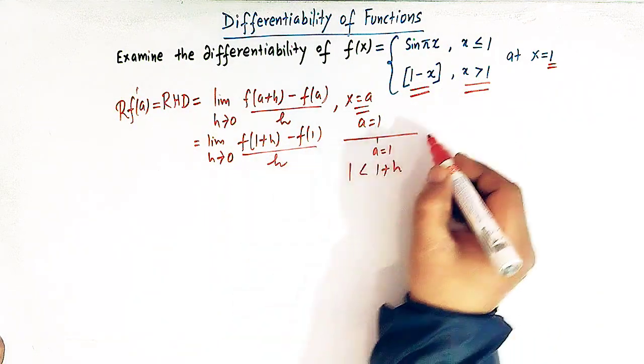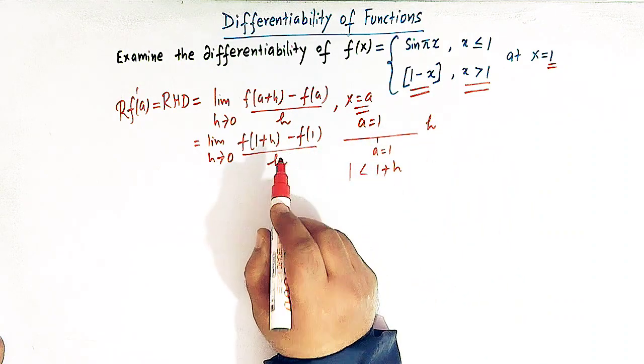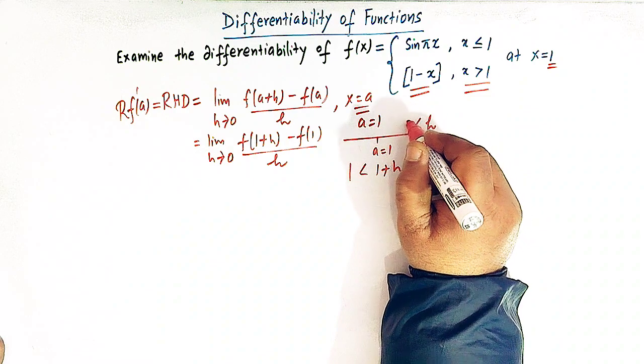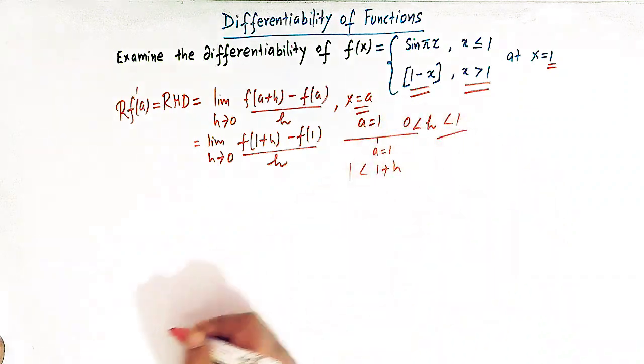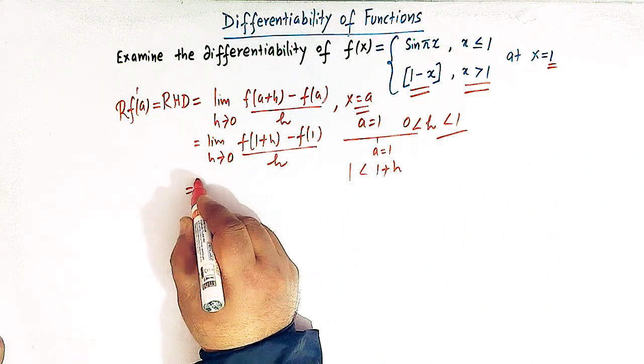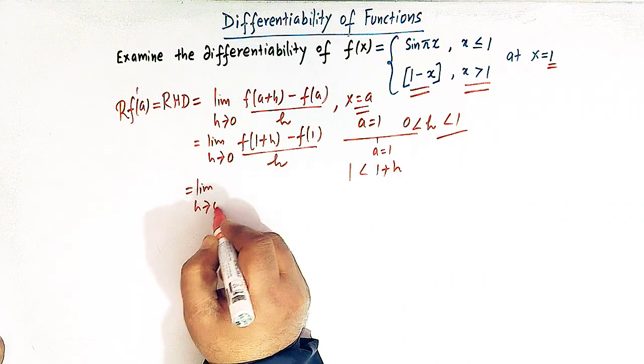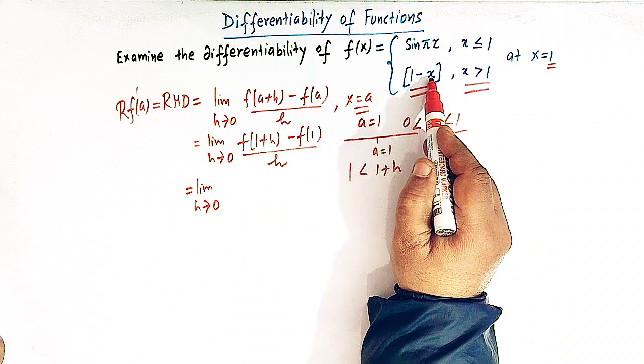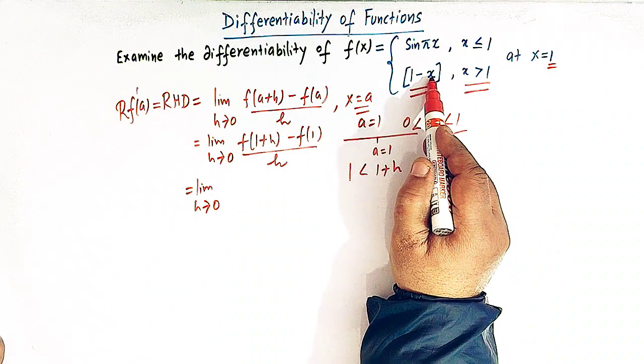And remember here h is an infinitesimally very small quantity, and it is greater than 0 but less than 1, right? So we have now limit h tends to 0, f of 1 plus h can be obtained by replacing x by 1 plus h.